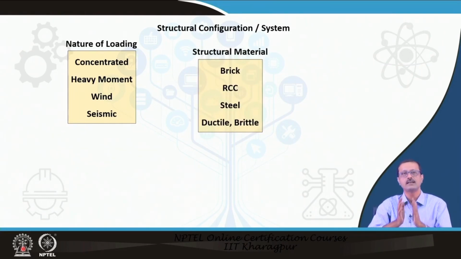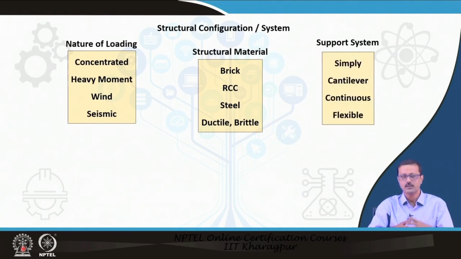And then you have to again take care of the material, which type of material you may use for your structure. Suppose you are going for a truss, it may be a steel truss, it may be an RCC truss also. So, whenever I am going to have those kinds of materials, you need to know some of the material properties, like ductile property or ductility, or the brittle properties also.